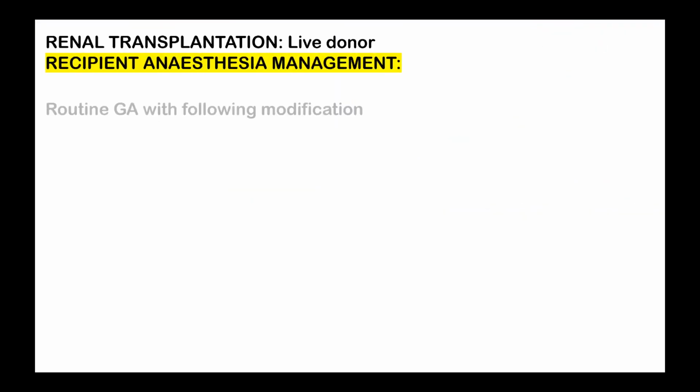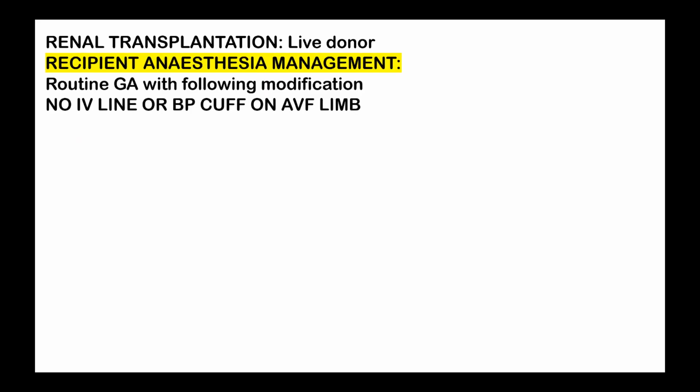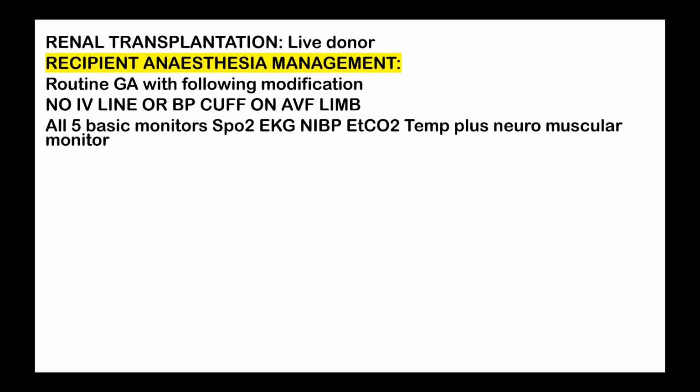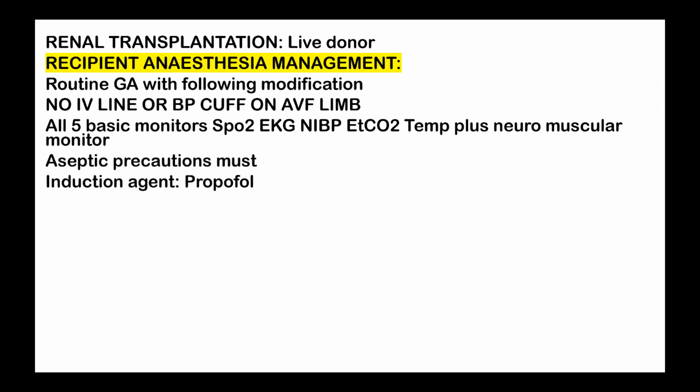And recipient anesthesia is usually GA, with no IV line on the AV fistula limb and no BP cuff on it. And all the basic parameter monitors should be there. Some centers routinely use a central line as well as an intra-arterial line for the recipient, which of course I have not found necessary for the transplant recipient anesthesia.